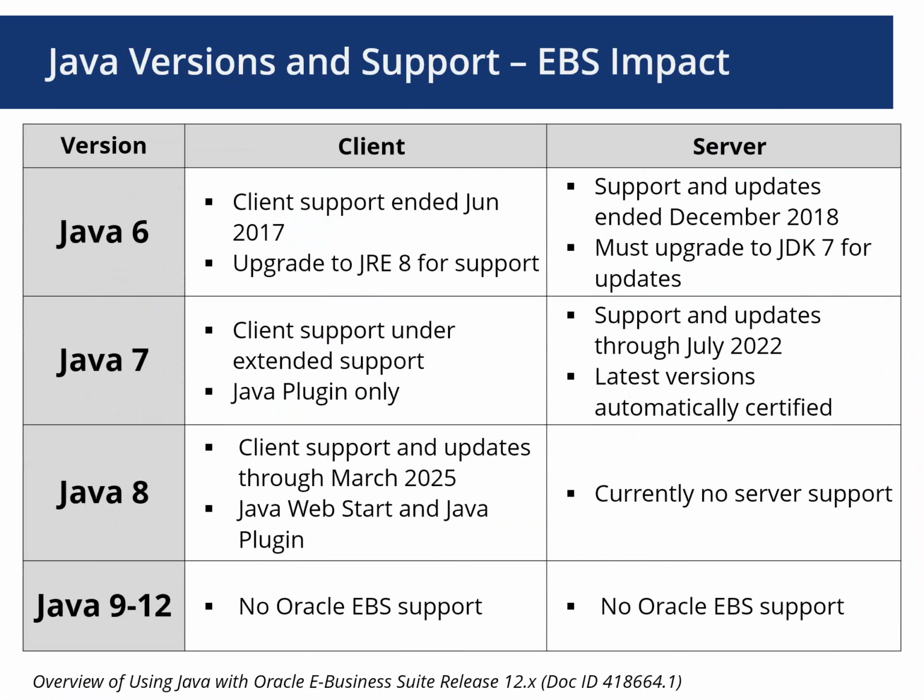As of today, there are no stated release plans or commentary from Oracle on how they're going to support Java 9 through 12. So today, you're stuck on the client on Java 8, and on the servers, you're stuck on Java 7. And these are all referenced in my Oracle support notes at the bottom of each page to give you a point of reference.